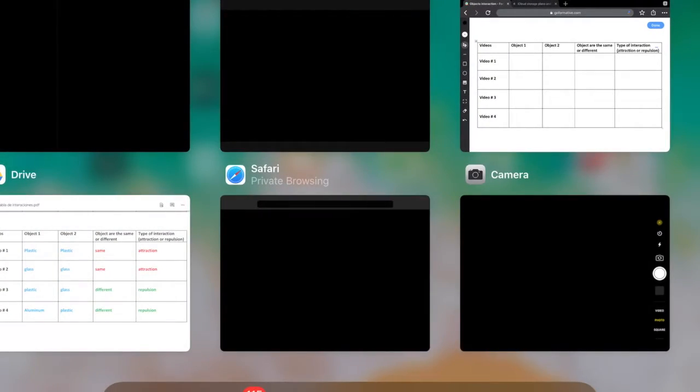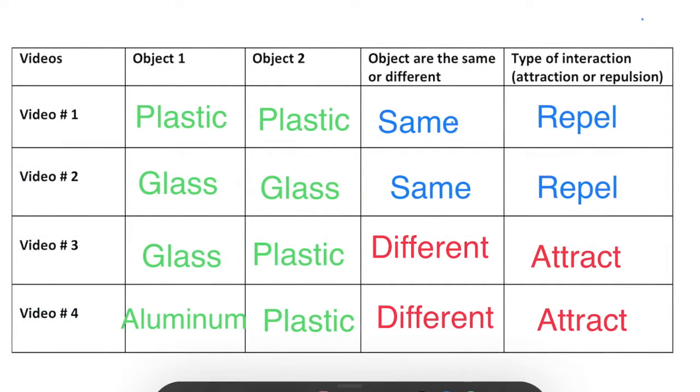Now, I have the table done. In this table, we can see that in the first video, the first object is plastic, the second object is also plastic, and in the third column, they are exactly the same. The interaction that we have is repel, or repulsion.